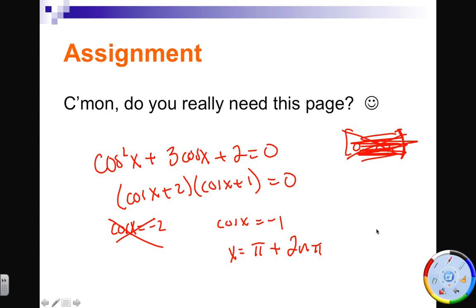And it's every 1 period away, so 2n pi. So I'm just going to keep going by 2 pi, 2 pi, 2 pi. All right, so make sure you know how to factor quadratics. Very useful. You could obviously use the quadratic formula, but that gets kind of ugly.